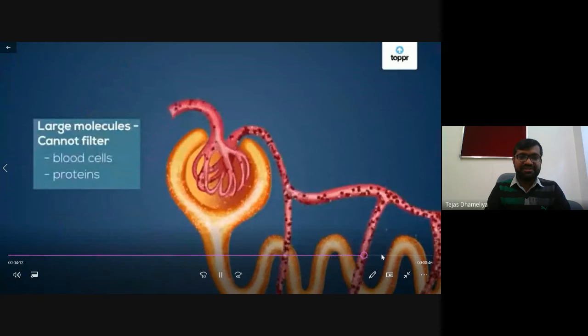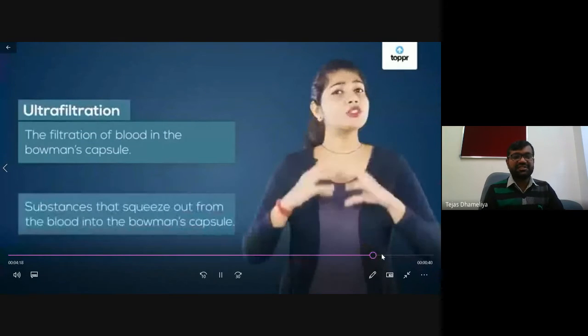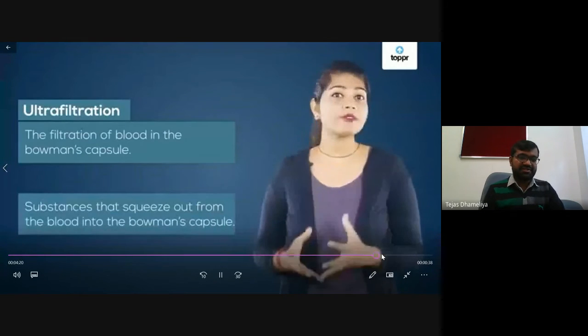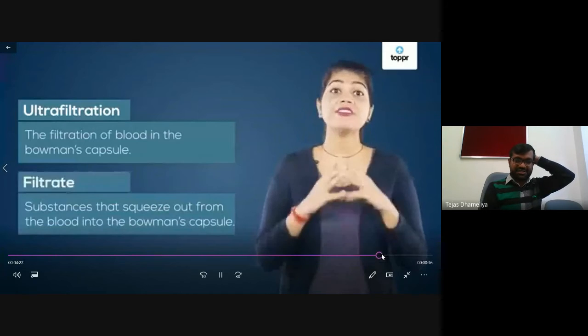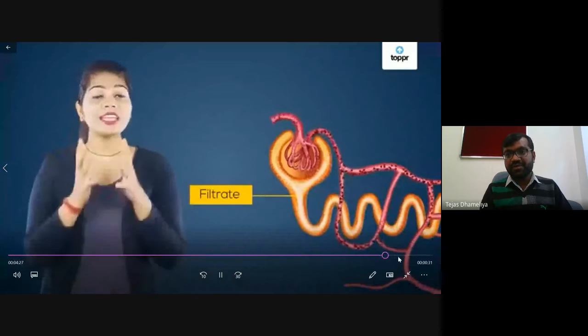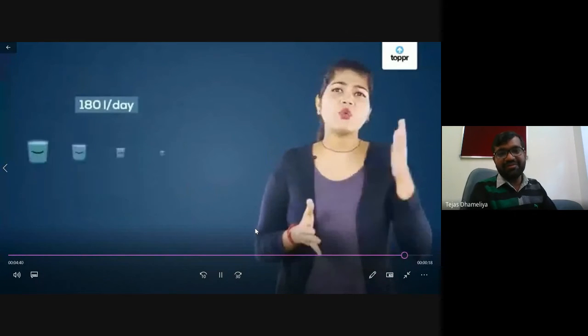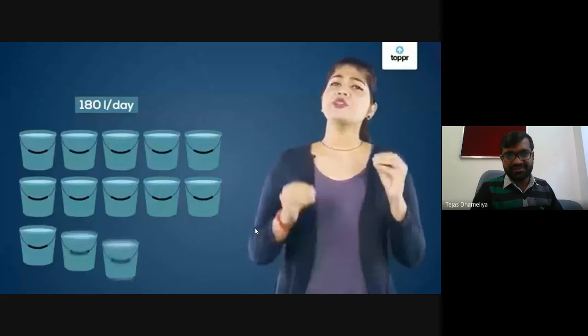Okay, already we have seen this filtration of so many compounds. Basically, this filtration is called ultrafiltration, to squeeze the substance from the blood. Okay, and filtration rate is 125 ml per minute, 180 liter per day, and this much is equal to a big water tank which is located at your house.